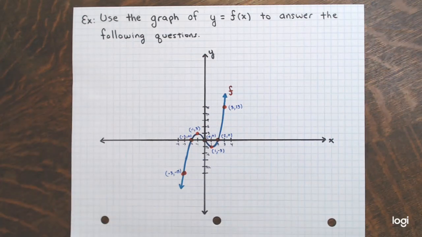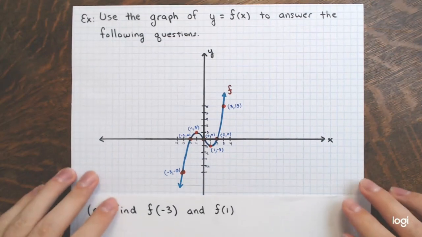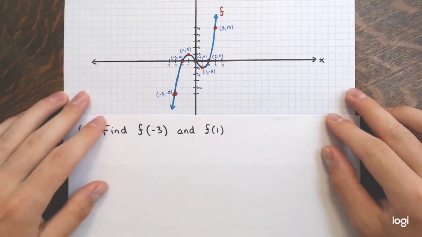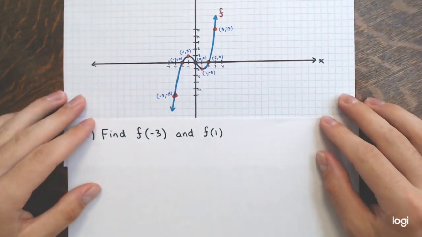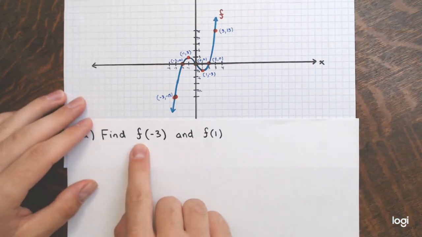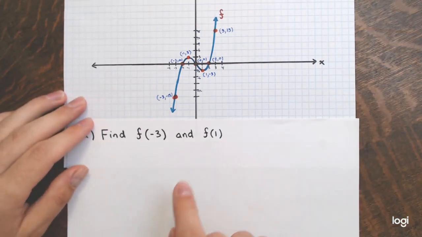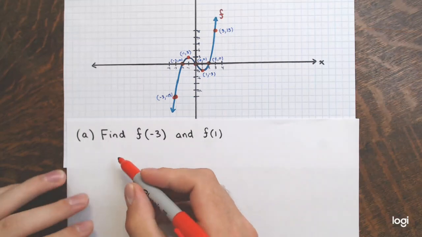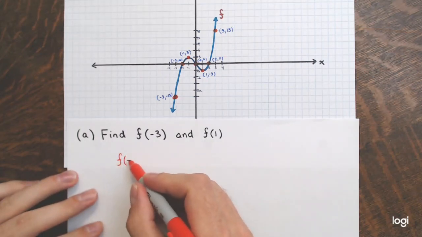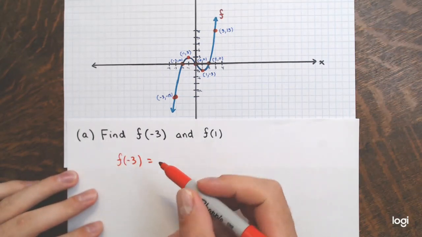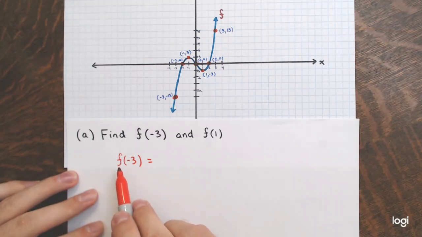Okay, great. So the first part, part A, relates to this graph, the graph of this function f. So there it is again. Now remember, this is the y-axis. Find f of -3 and f of 1. Remember what these mean. f of -3 is the value of f at -3.